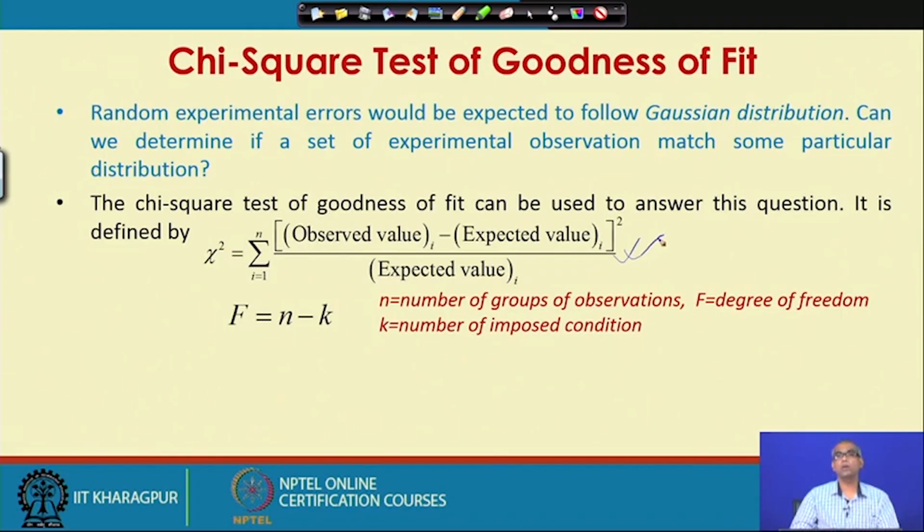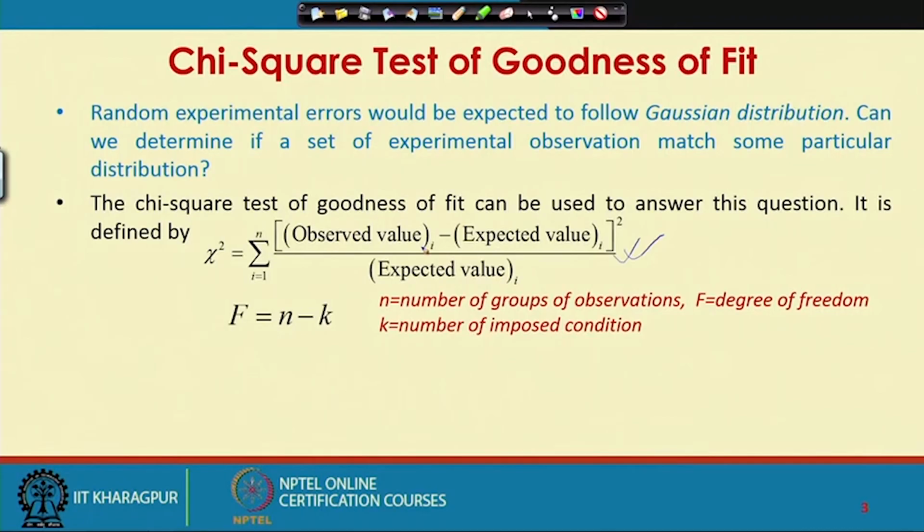Let us say you assume a normal distribution or some other distribution. So, you have each observation and a corresponding expected value, which follows the distribution that you have assumed.